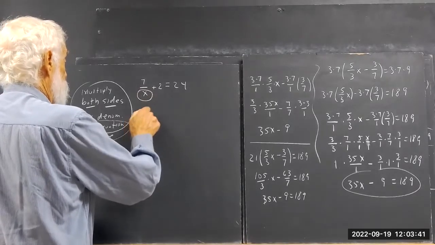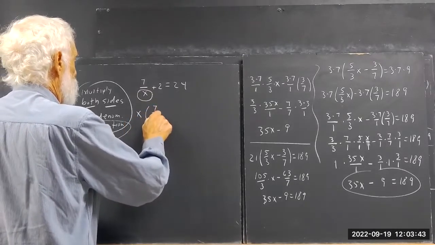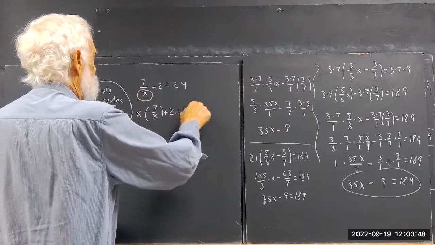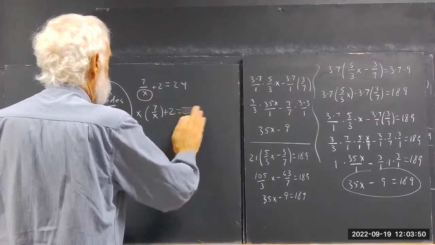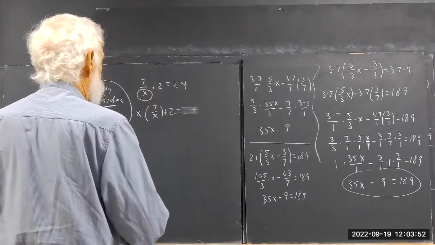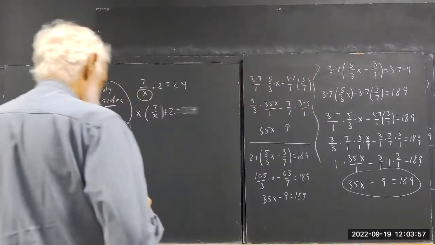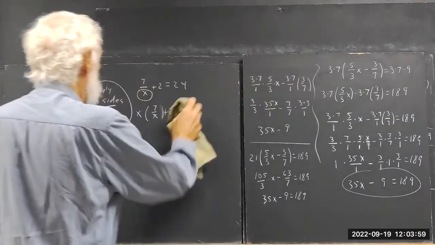So I say, okay, we multiply x times 7 over x plus 2 equals... I'm writing it out the way you wrote it out. Now, I'm not blaming you. I just wrote it that way.